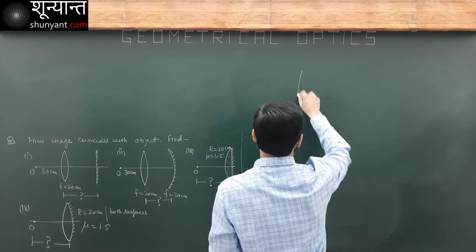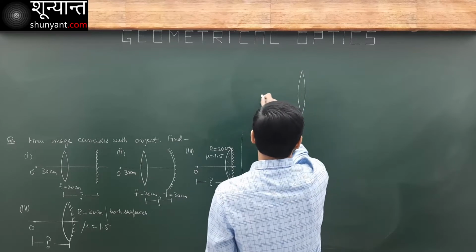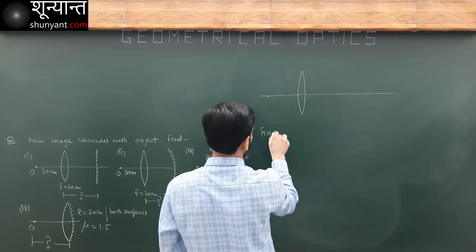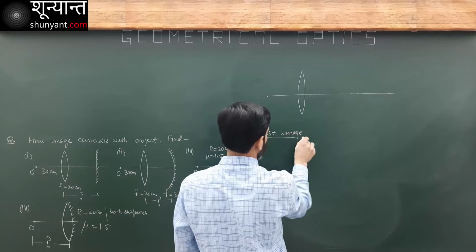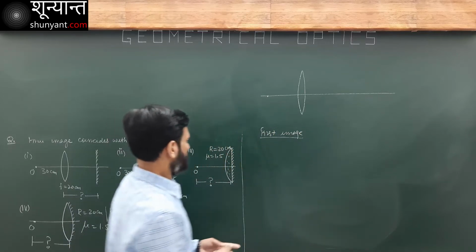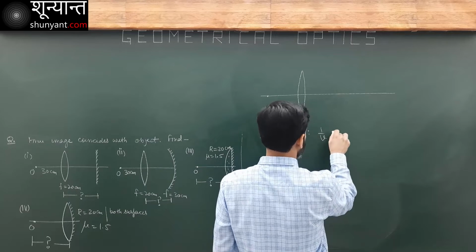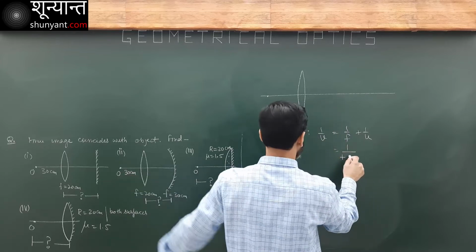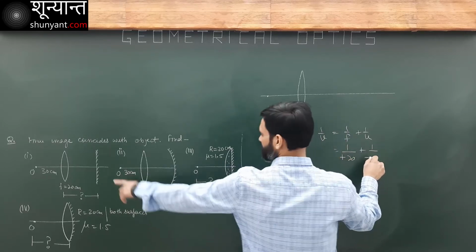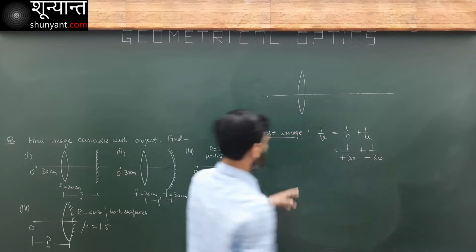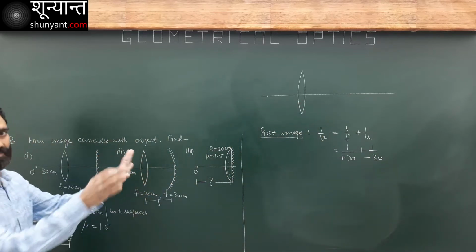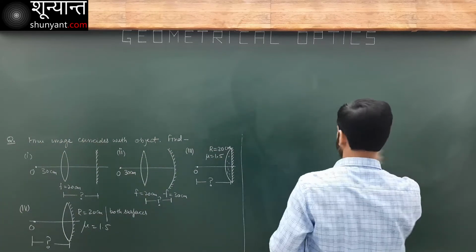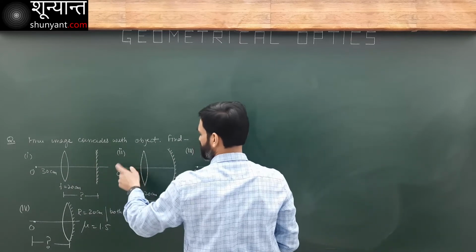First thing, let's draw the first image. Now, 1 over v is 1 over f plus 1 over u, so converging lens positive, 1 over 20, plus 1 over minus 30. In both cases we are going to use the same result: same lens, same object distance.